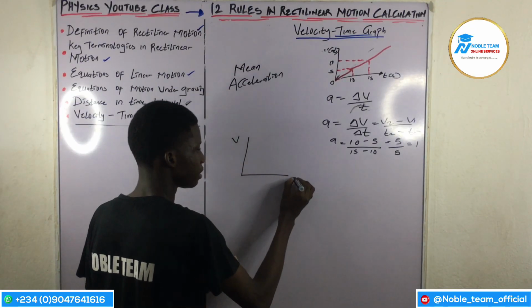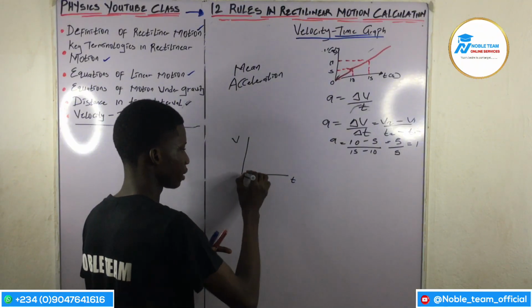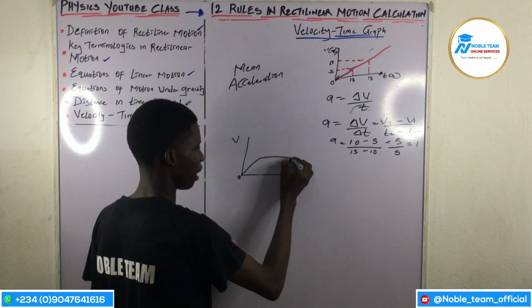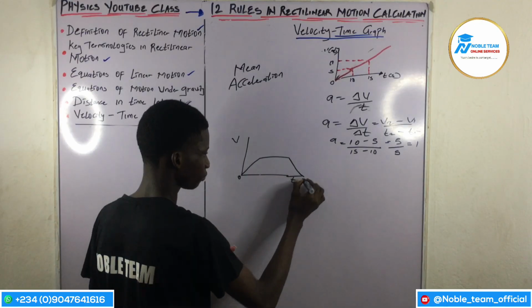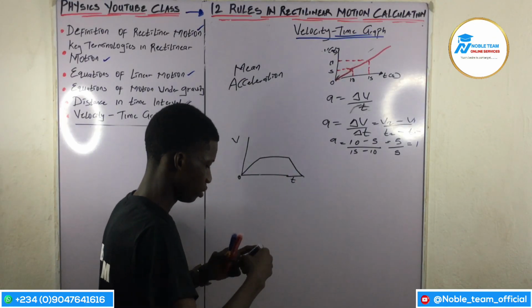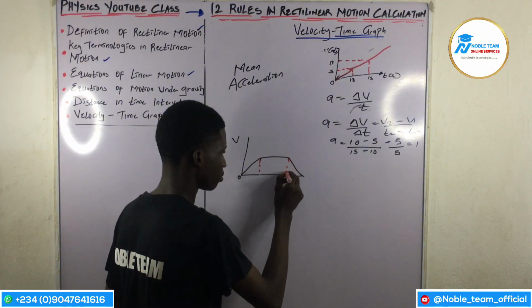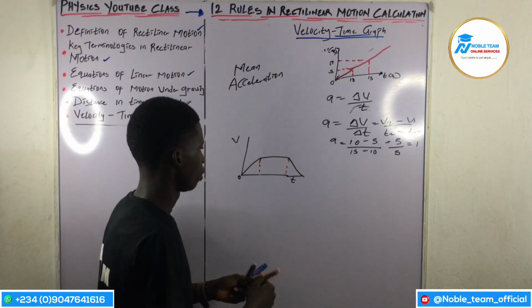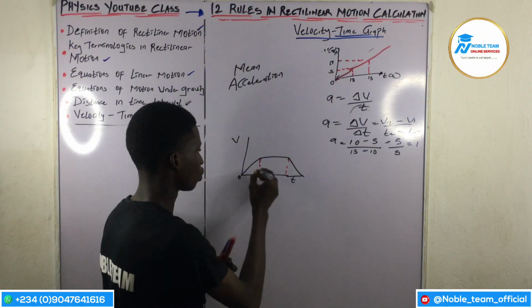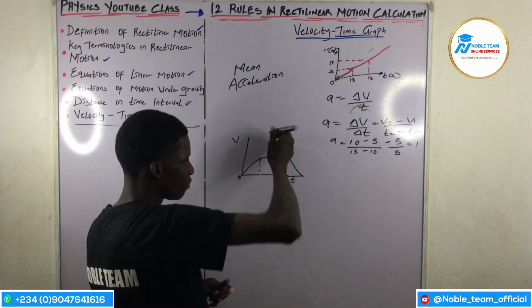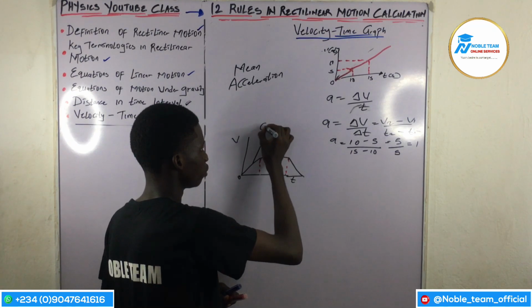V and T. Do you understand? And this is my 0. I have a line, I have a line, and I have a line. All right. So follow me closely. I want to explain something. This particular line that is accelerating, we call it acceleration.